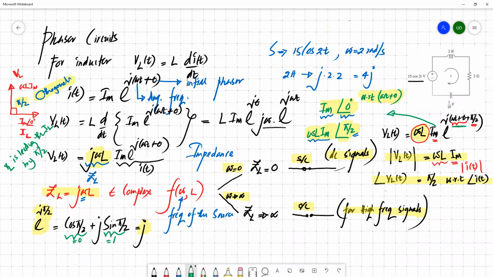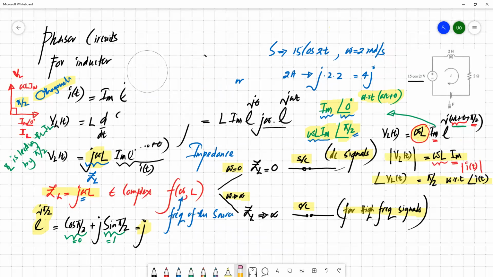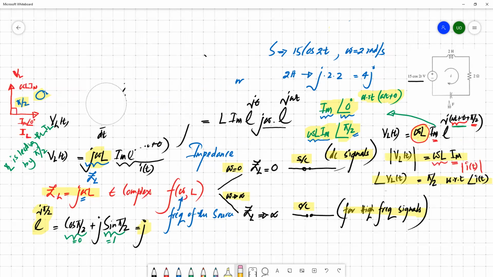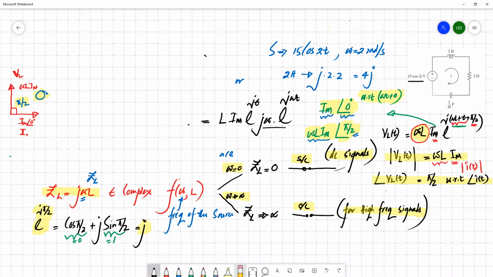From this phasor diagram, you can simply draw the phases of the current and voltage across the inductor. For example, in one question paper, it's marked that this is your current flowing through the inductor.